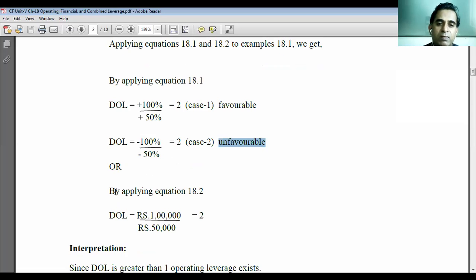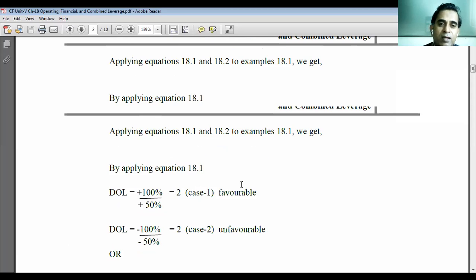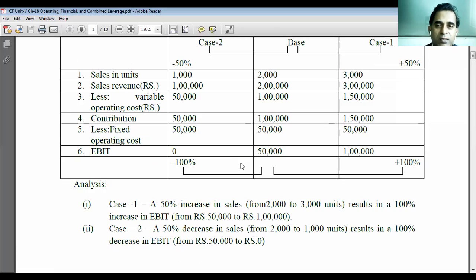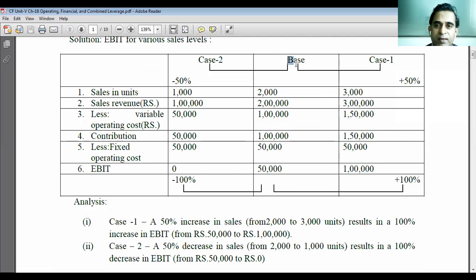Or we can also calculate the degree of operating leverage from equation 18.2. Degree of operating leverage is equal to the total contribution at base level divided by EBIT at base level. What is the contribution at base level? 1 lakh rupees.